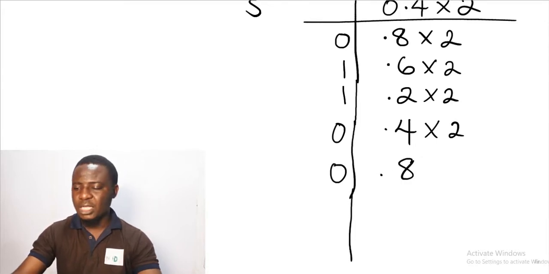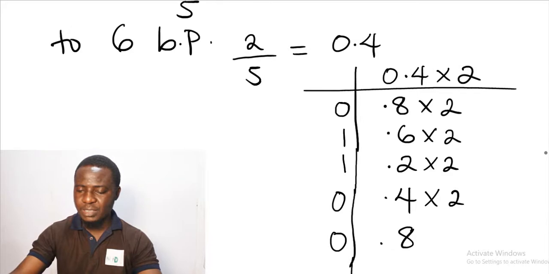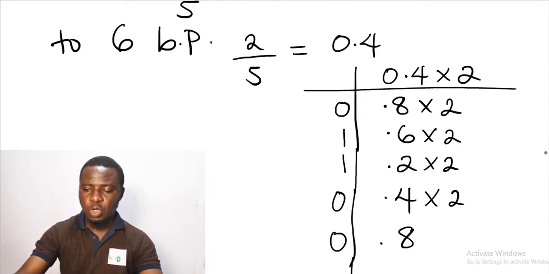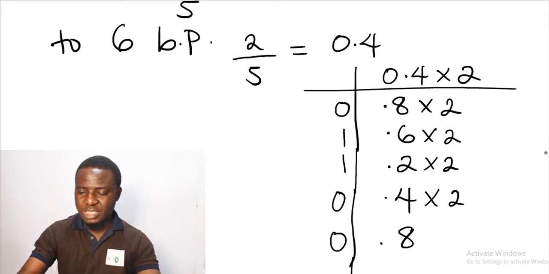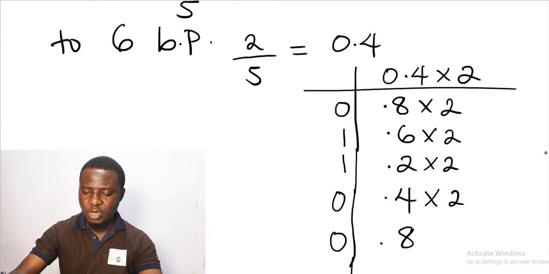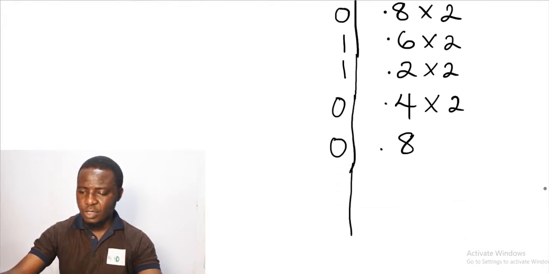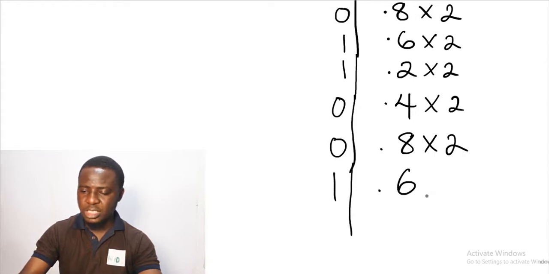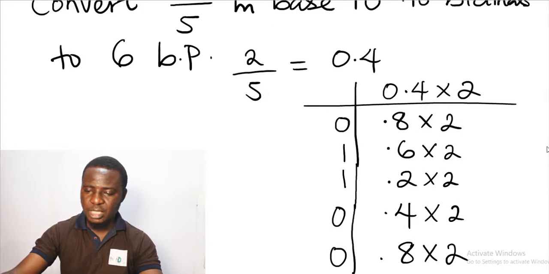0.8. Now if you look at it, we have a recurring decimal, but we were told to find its equivalent to the 6th decimal place. We have already done that to 5. So you multiply it by 2 again. This gives us 1.6, and it continues in that way.